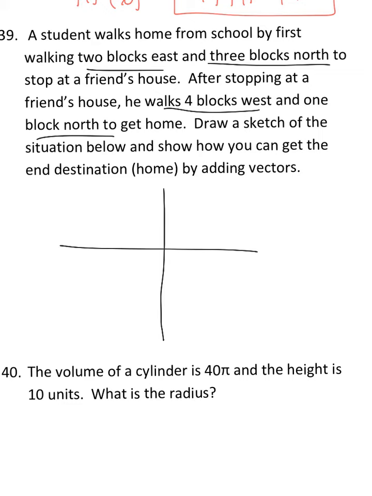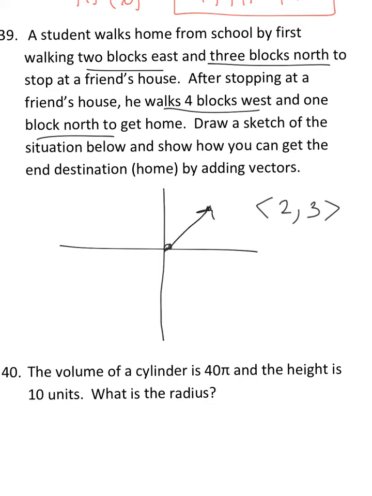So, to add vectors, we need to write 2 blocks east and 3 blocks north as a vector. So 2 blocks east would be +2, 3 blocks north would be +3. It'd be easier if I had graph paper too. You're going to go right 2, up 3.